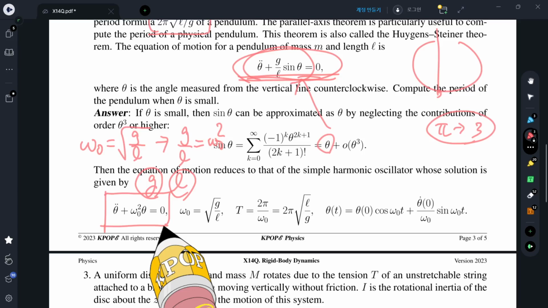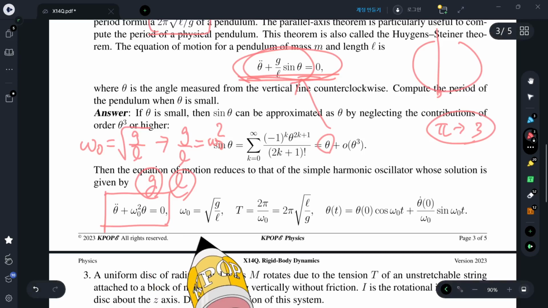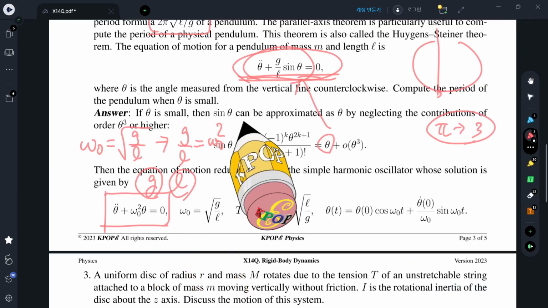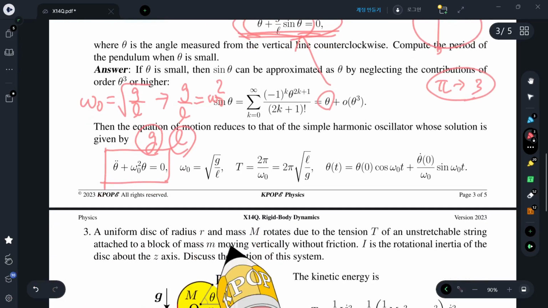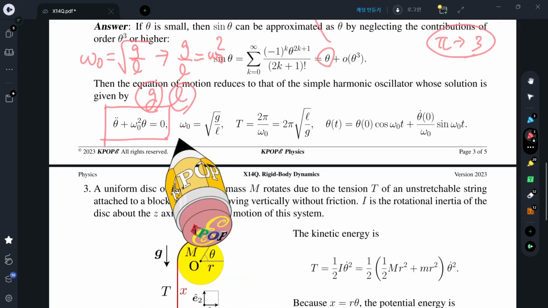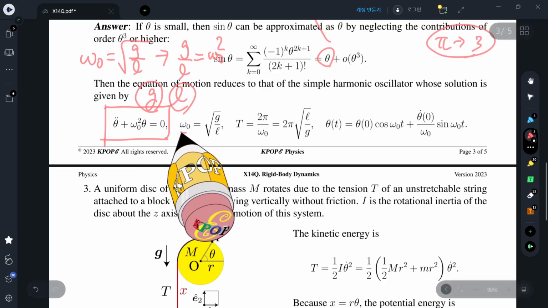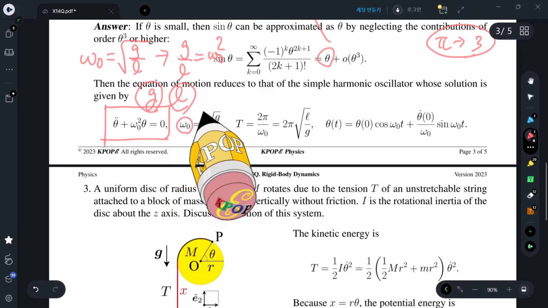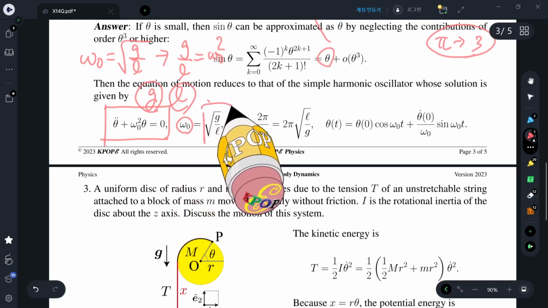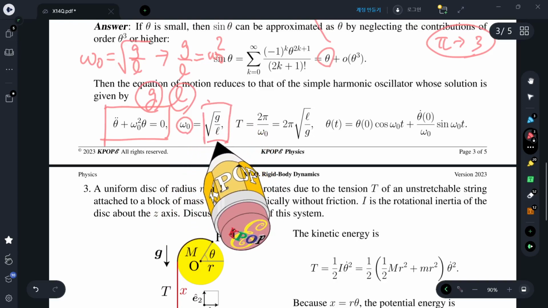So the solution of this pendulum is sinusoidal, and using this periodicity, Huygens constructed the watch, the clock. Omega 0 is called the angular frequency, and that is the square root of g over L.